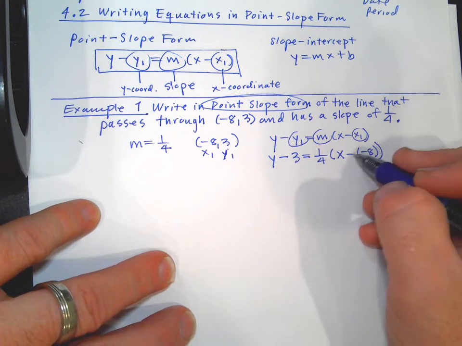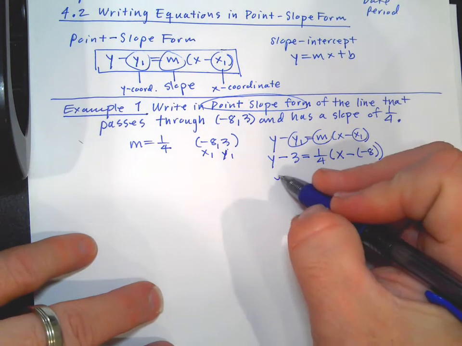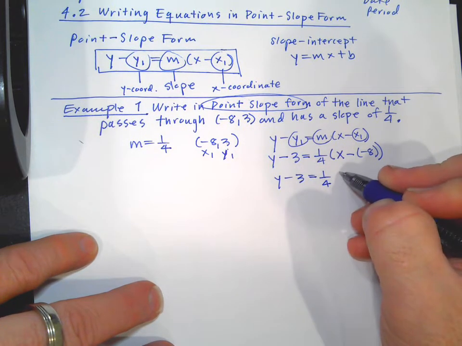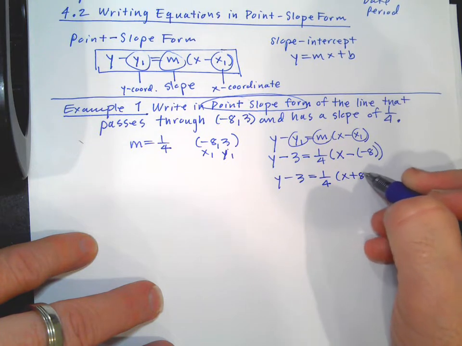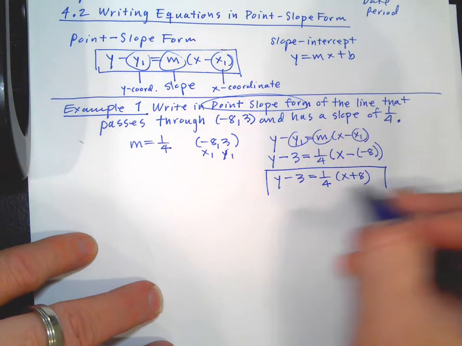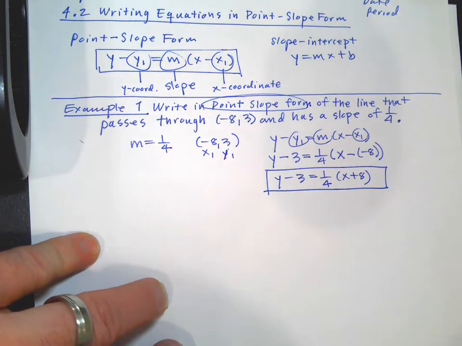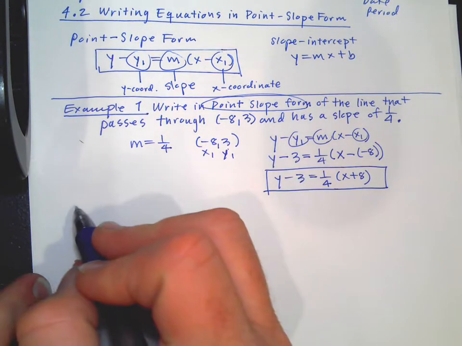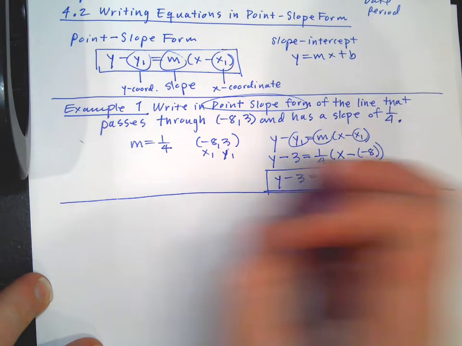And then, of course, minus minus becomes plus. Double negative becomes a positive. Y minus 3 equals 1/4 times x plus 8. And this is point slope form. And that's your final answer. Just leave it like that, because they said point slope form in the directions. A lot of times, though, they're going to tell you to do more.